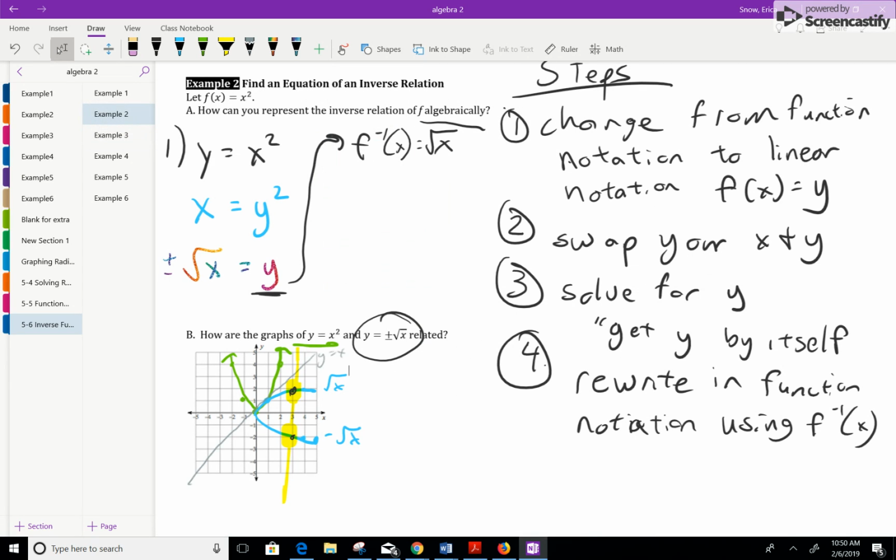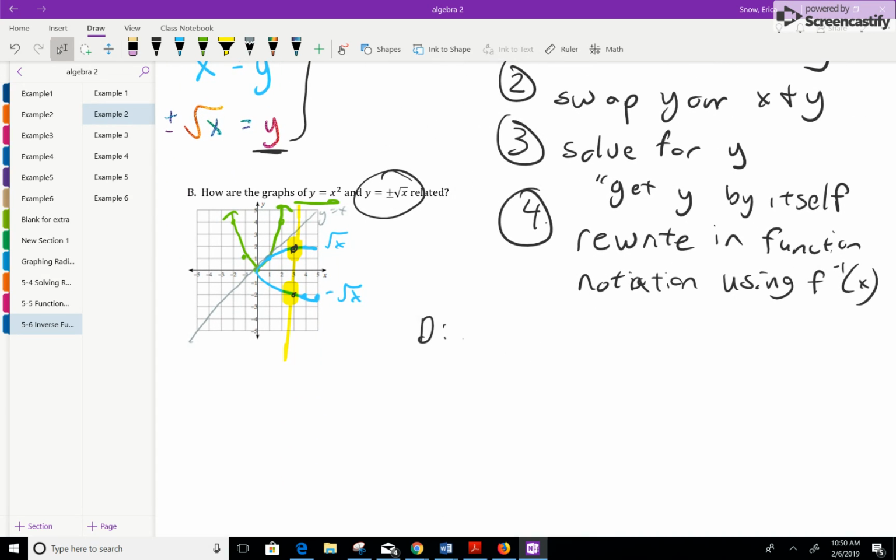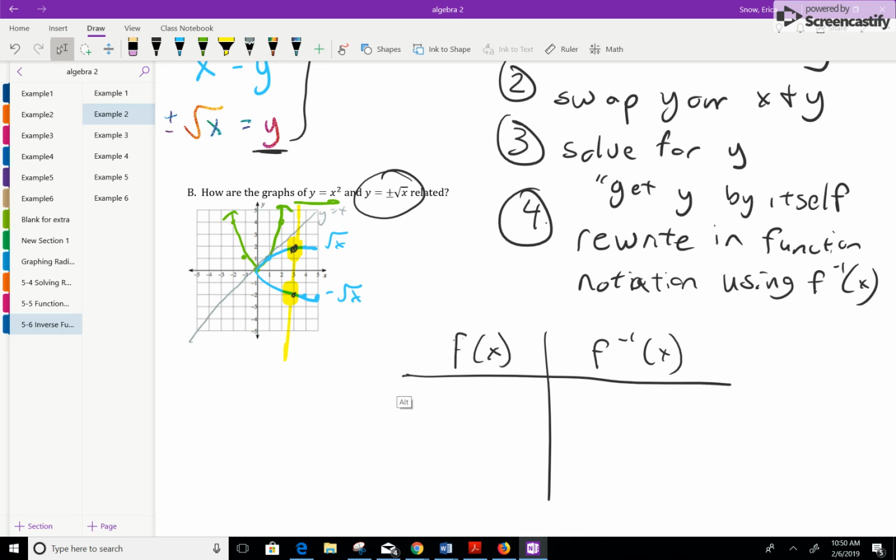Which reminds me, if we go back to this, let me make a little chart here. Put this in your notes. We have f of x and f inverse of x, and let's say we have the domain and the range. For f of x, this is x squared, and this is square root of x.